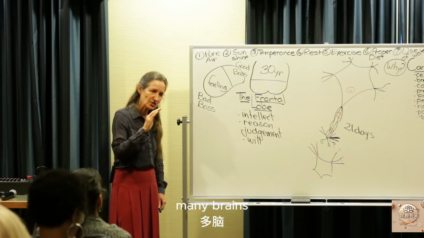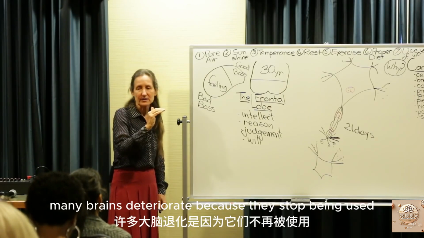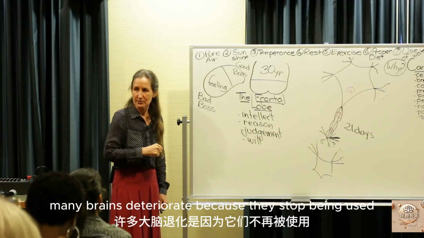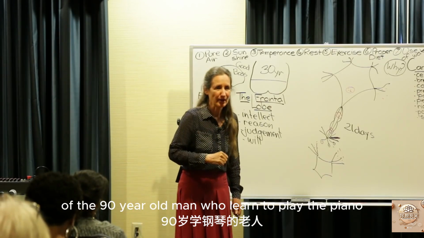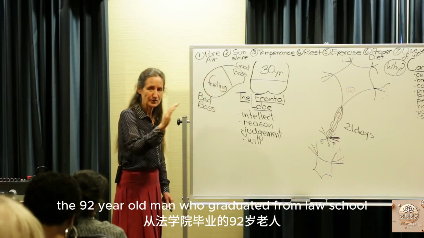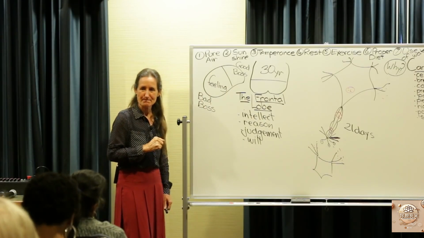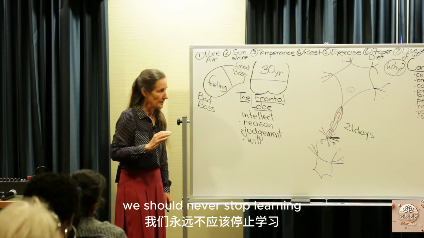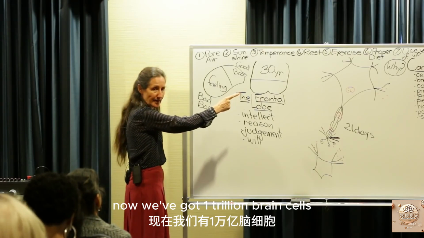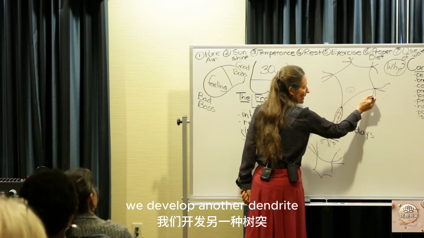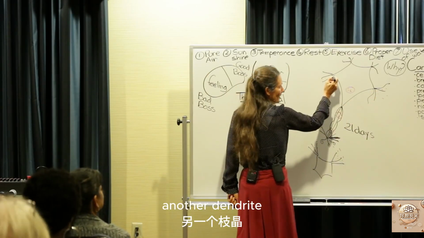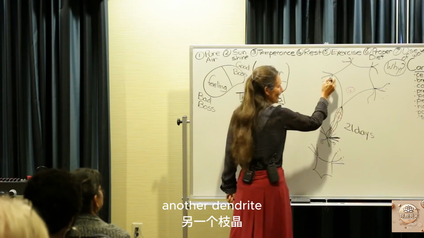Many brains deteriorate because they stop being used. I love the story of the 90-year-old man who learned to play the piano, the 92-year-old man who graduated from law school. We should never stop learning. Now, we've got 1 trillion brain cells, and every time we learn something new, we develop another dendrite, another dendrite, another dendrite.